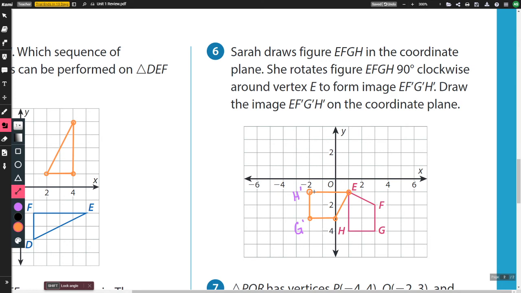And there we go. And I know this shape is correct because if I were to rotate it, it would look just like my original shape.